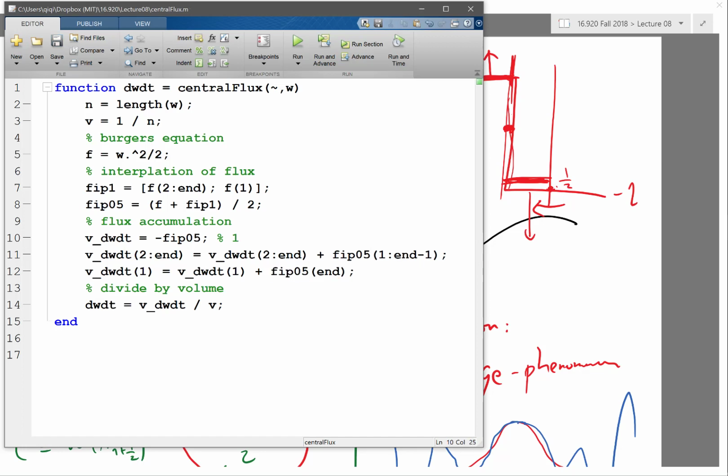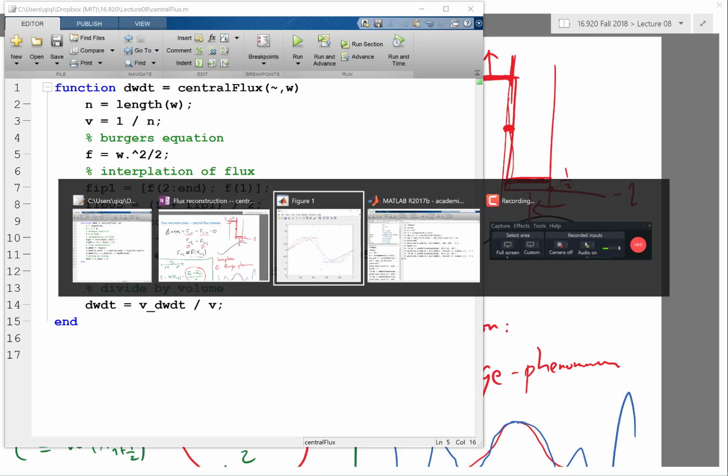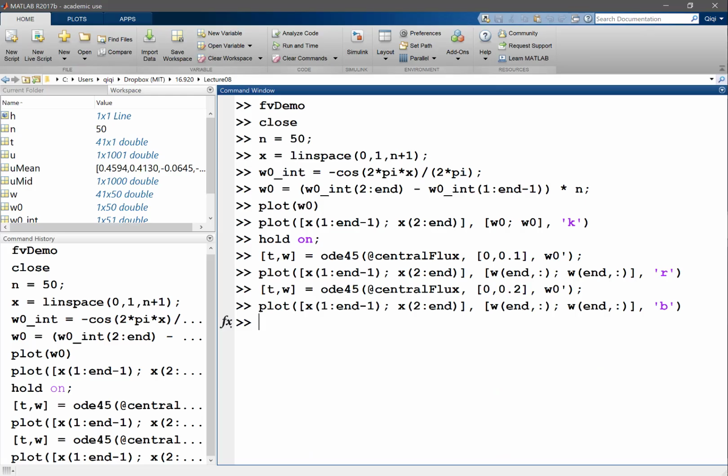Any errors you see here? Basically, I compute the flux on the cell average instead, and then interpolate the flux. So now let's see what we get.